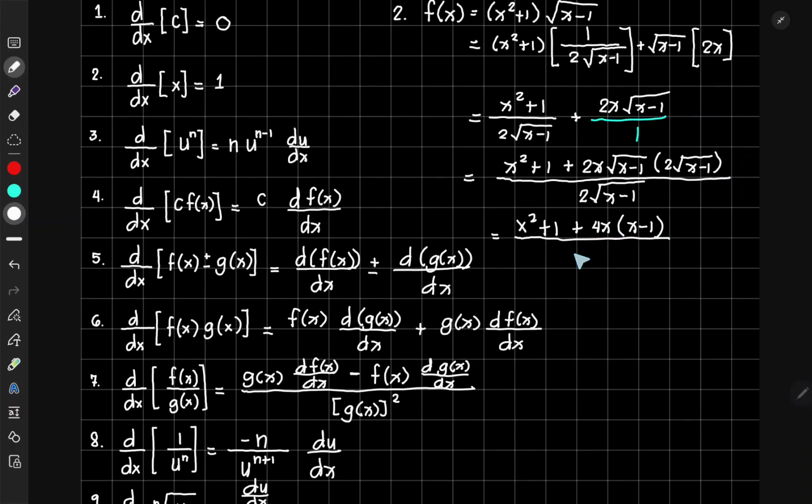So this is all over 2 square root of x minus 1.